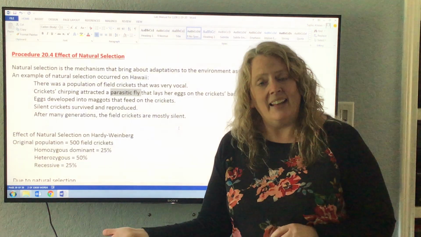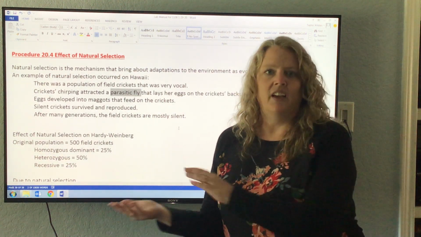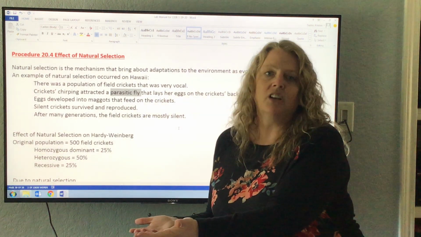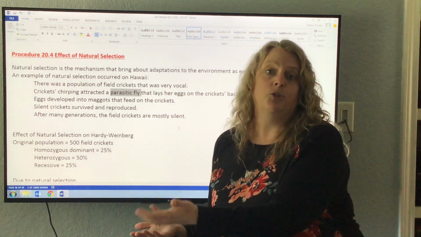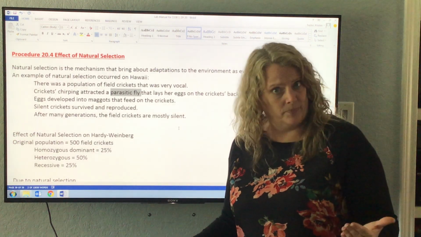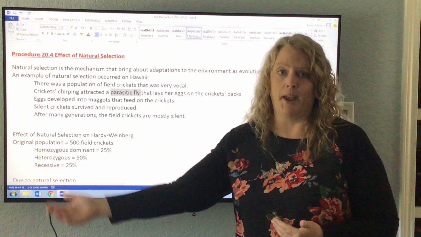If they're dead, guess what they don't get to do? They don't get to reproduce. If they're not reproducing, they're not passing on those alleles that allow them to chirp. So what do you think is going to happen over time? Remember, evolution is a process that takes a long period of time.